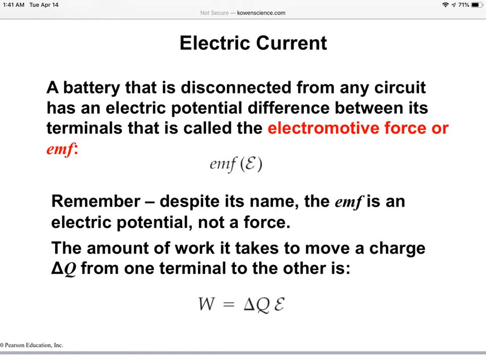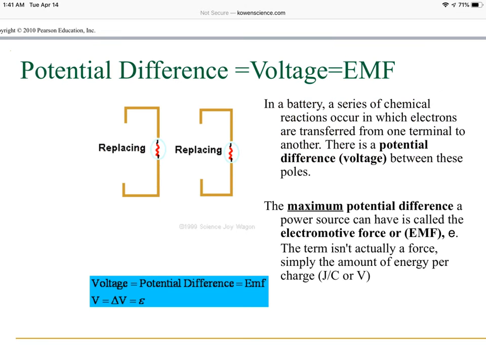The amount of work it takes to move a charge, Q, from one terminal to another is: work would equal our change in charge times our electromotive force, or EMF. Looking at potential difference, it equals voltage, which equals EMF.